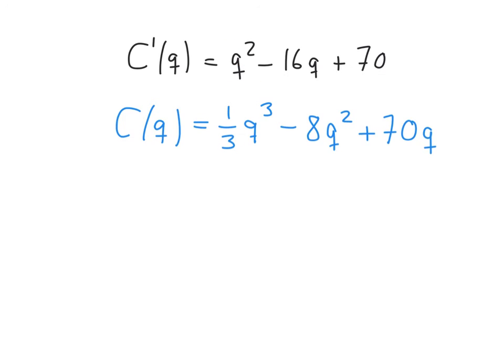Same thing here. I go from q to the 1 to q squared, and divide by 2, that is multiply by 1/2, to offset the multiplication by 2 when taking the derivative in this direction. And then plus 70q. That's the simplest case of the power rule.